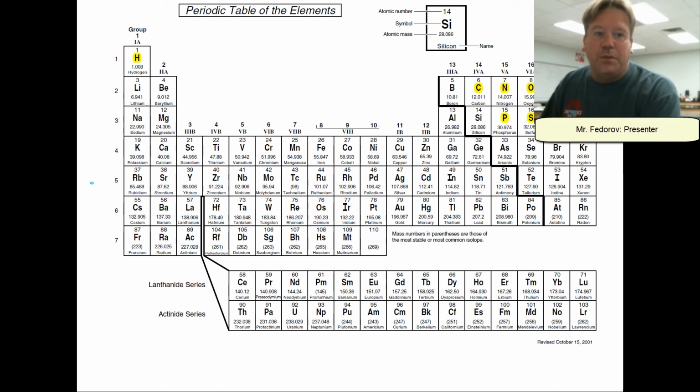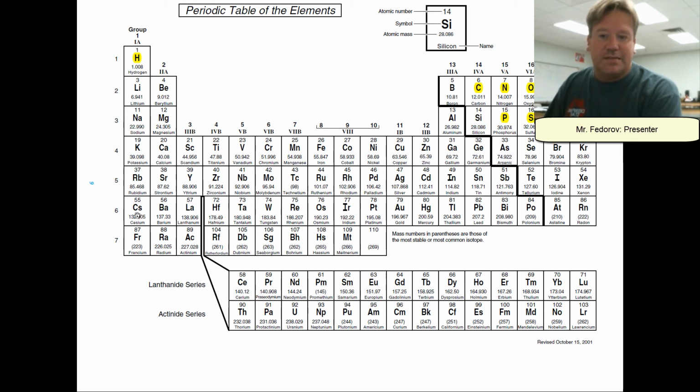So don't get fooled just because there's a capital C; if the next letter is lowercase, that would not actually be carbon. There's other ones, like calcium. Calcium starts with a capital C, but it has a lowercase a. So you need to be really certain that when you look at these, you're seeing the capital letter and making sure that it's not followed by a lowercase letter.